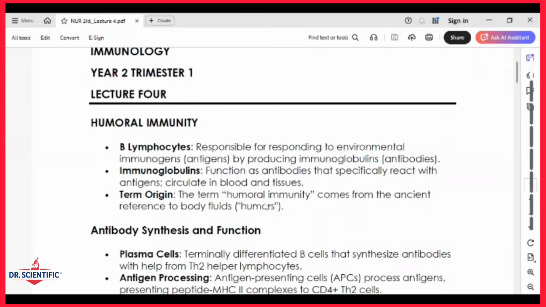Maybe can somebody remind us which subpopulation among the T cells is supposed to assist B cells? And how does it assist the B cells? Victor, Masindi? T helper T cells.